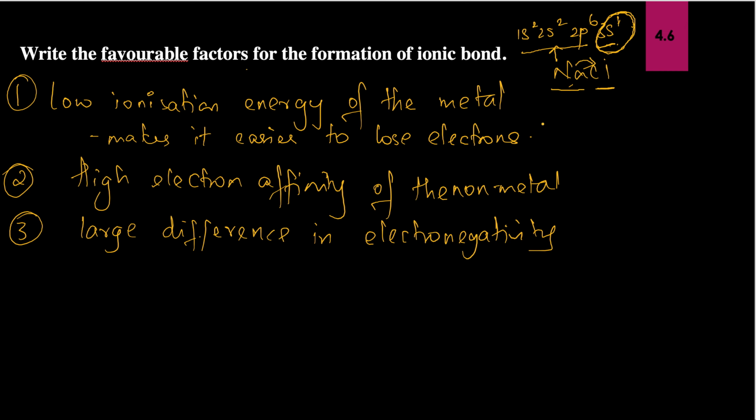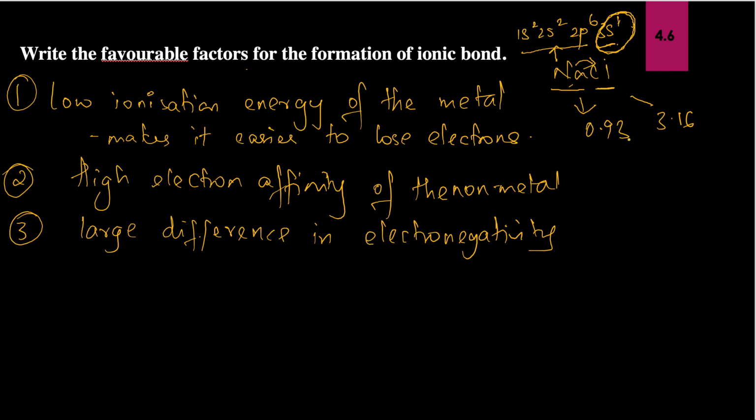That itself shows a huge difference in their electronegativity. For example, the electronegativity of sodium on the Pauling scale is around 0.93, and that of chlorine is 3.16.